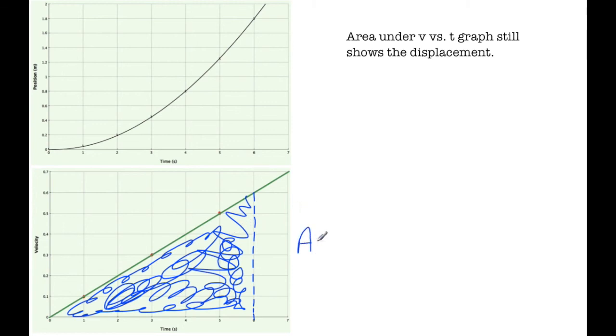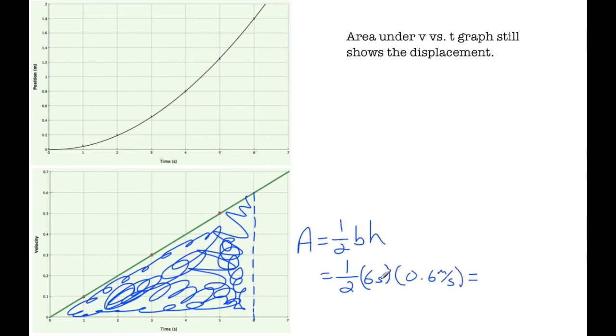So the area being 1/2 base times height, that would work out to 1/2, the base being 6 seconds. The height from 0 meters per second to 0.6 meters per second is 0.6 meters per second.